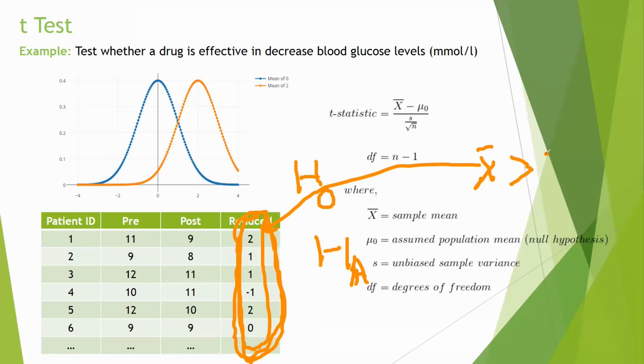Let's say greater than 0. Actually this is pre minus post. If the average of this column is significantly greater than 0, there is a drug effect shown in this experiment. This is basically the thing we want to test.